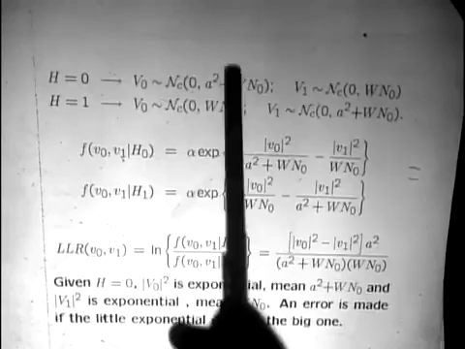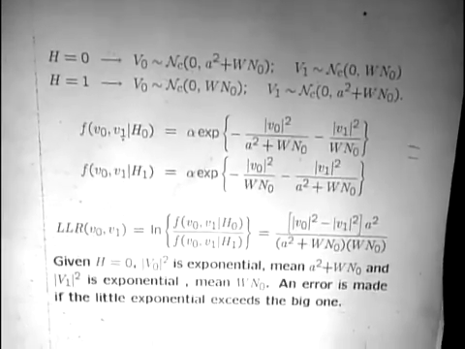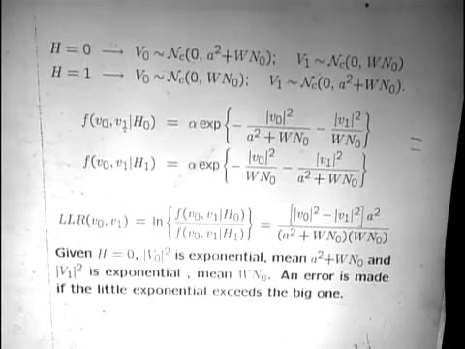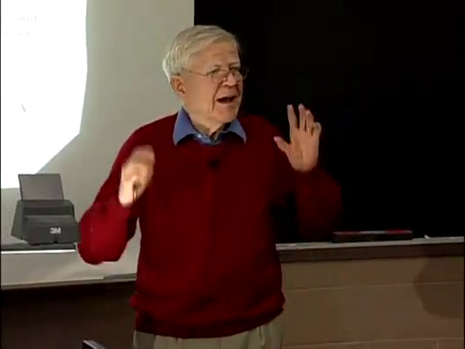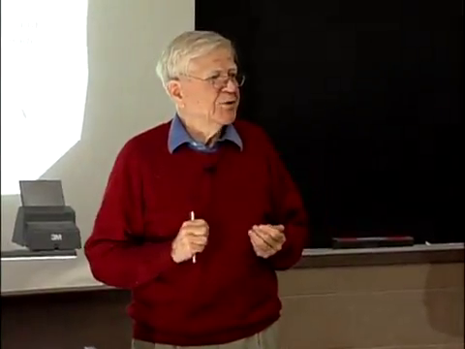And if you go back and look at the problem, it's pretty obvious that that's what you want to do anyway. You'd be very, very surprised, when you're comparing two Gaussian random variables where one of them has a larger variance than the other, and on the other hypothesis the opposite one has the larger variance, if you came up with any rule other than to take the magnitude squares and compare them.